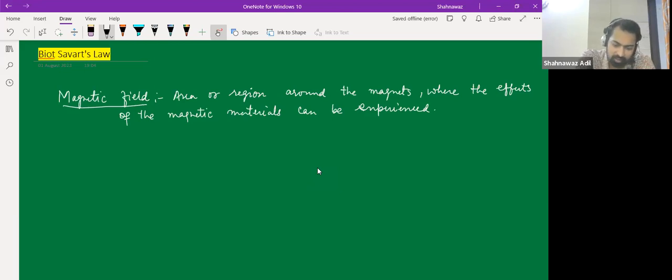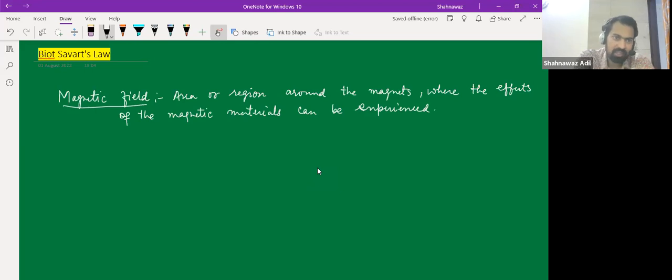And what can you say about the nature of this magnetic field? Will it be a scalar quantity or a vector quantity? We can take the analogy from the first chapter.